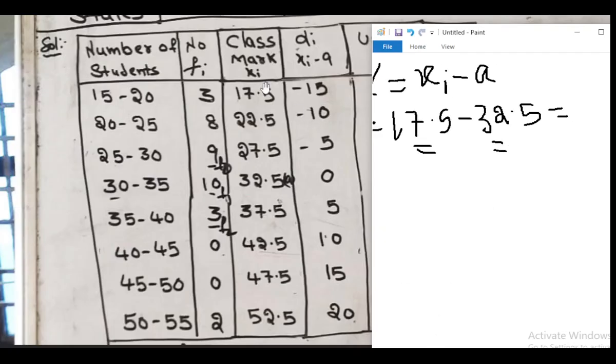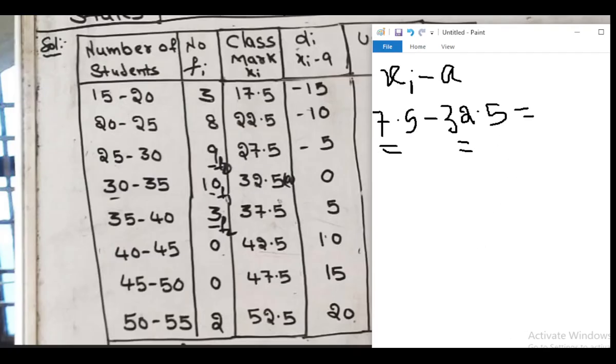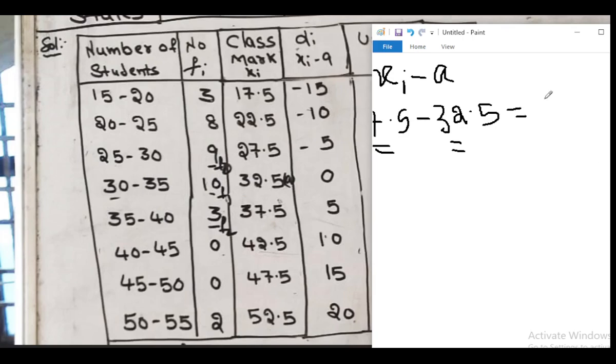The class mark is here 17.5 and the assumed mean here is 32.5. 17.5 minus 32.5 gives 15, and the larger value has the minus sign, so it is minus 15. So minus 15 is the deviation for the first class.